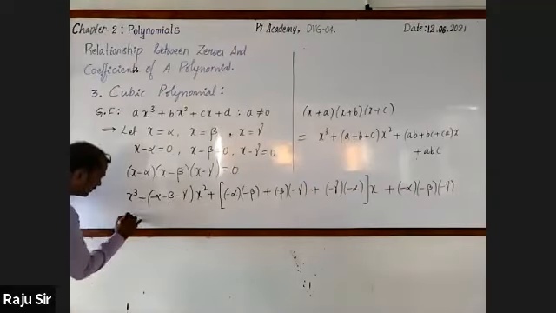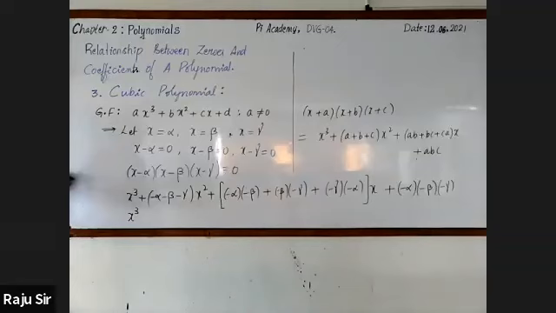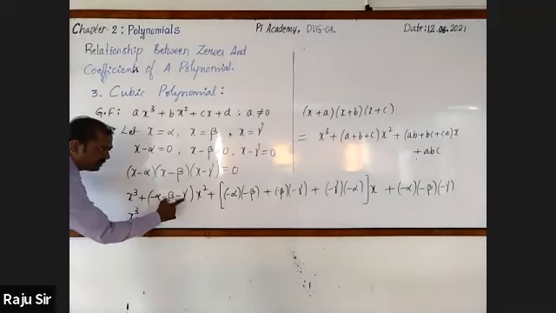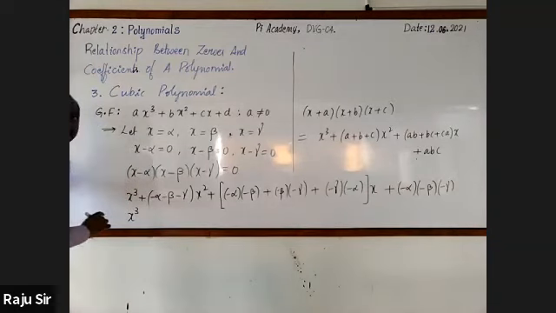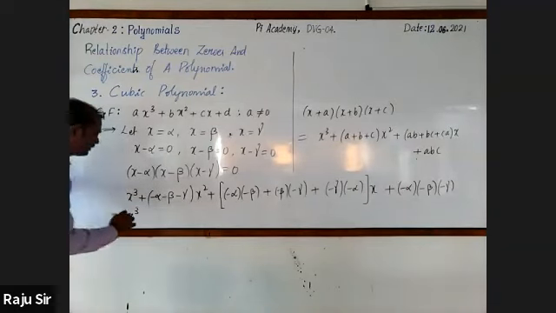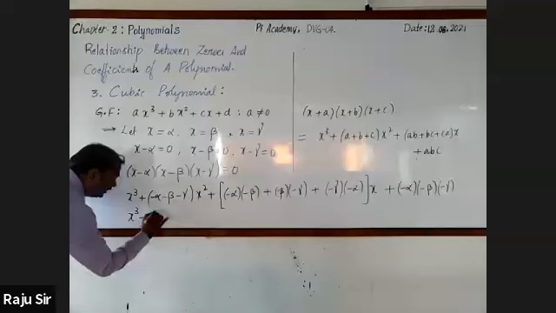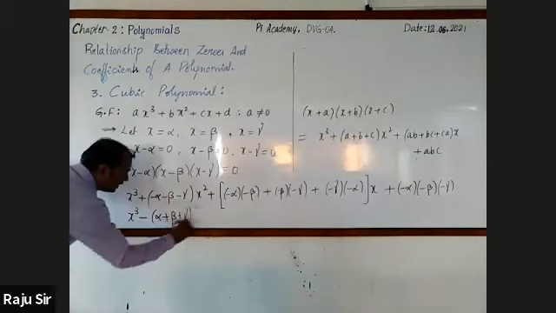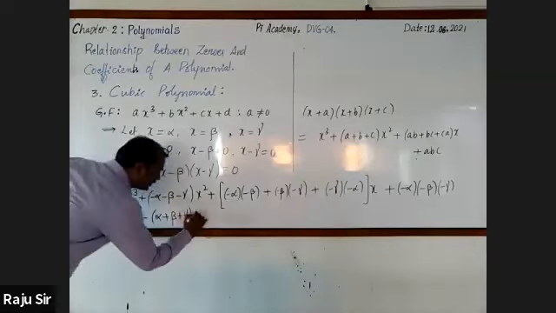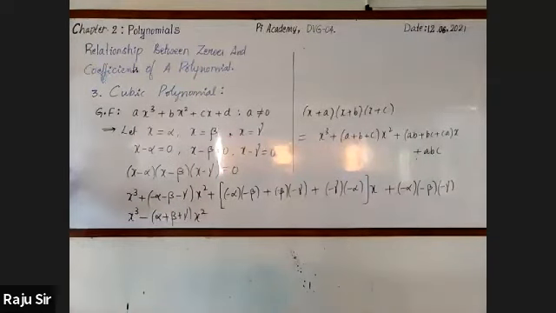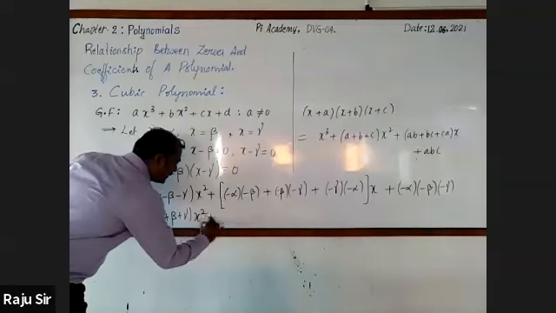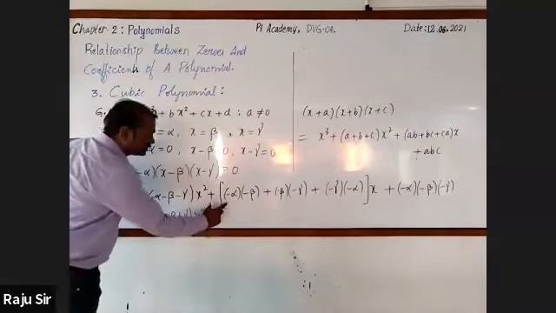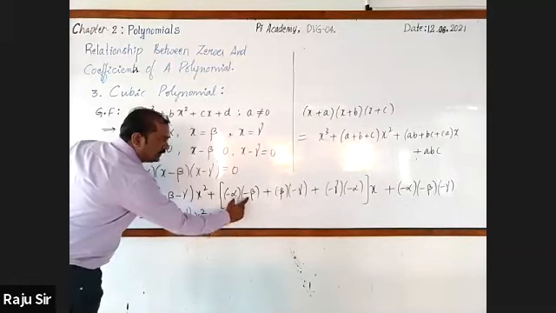Now it is x cube. Please write with me. Here minus alpha, minus beta, minus gamma. I'll take minus 1 as common factor. It will be minus of alpha plus beta plus gamma into x square. Then plus, observe these two terms, minus alpha into minus beta.